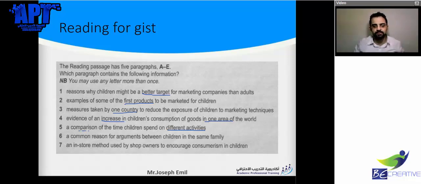A common reason for arguments between children in the same family. So arguments, and of course same family needs to be paid attention to as well. An in-store method used by shop owners to encourage consumerism. We're looking for these words.